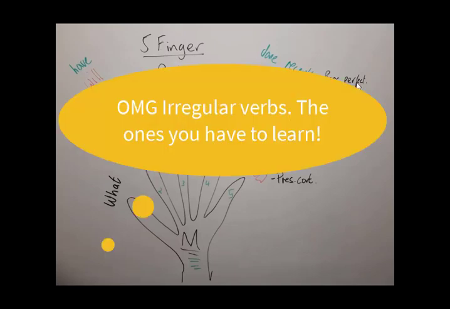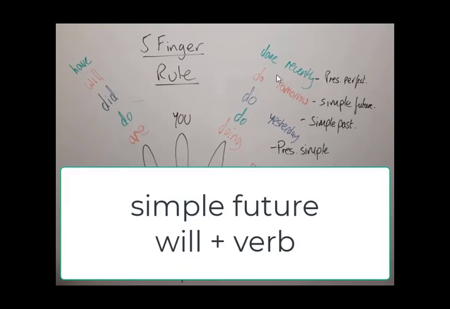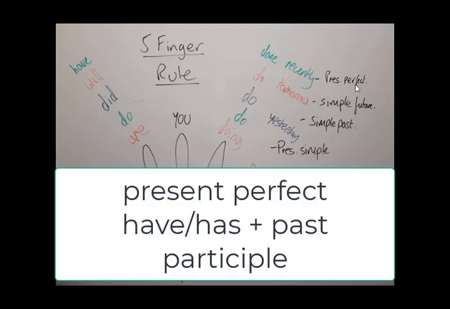Then we move on to the simple future. So here for the simple future we need the will form, and the main verb is the do as always, and here a key phrase: tomorrow, in 2 days, in 3 days, in the future, etc. And finally the present perfect, which I call the past present because it has to do with the past and the present.